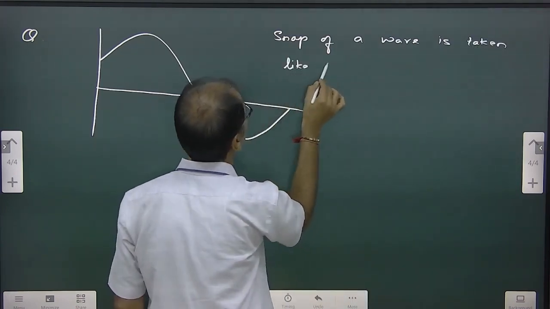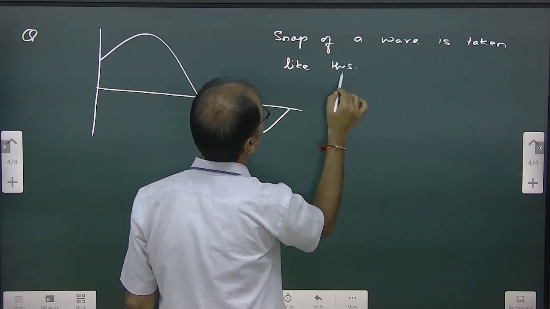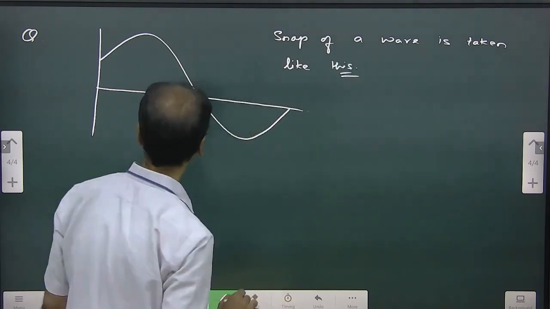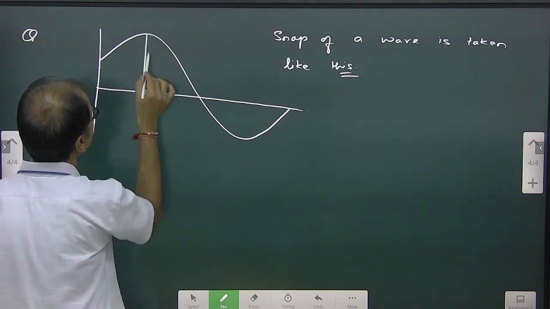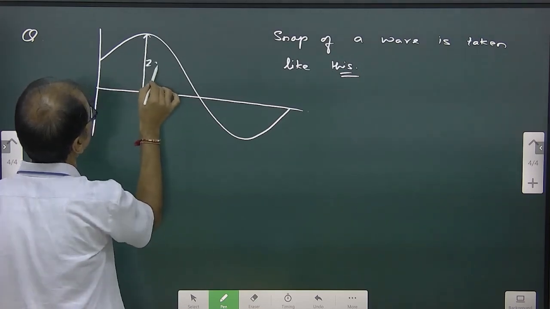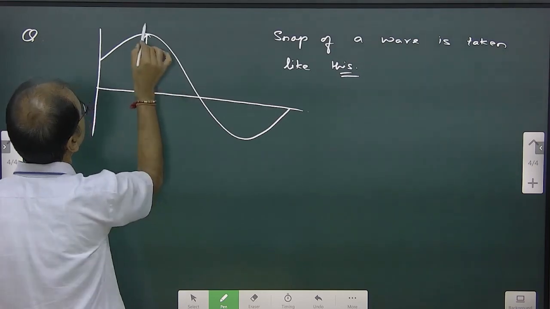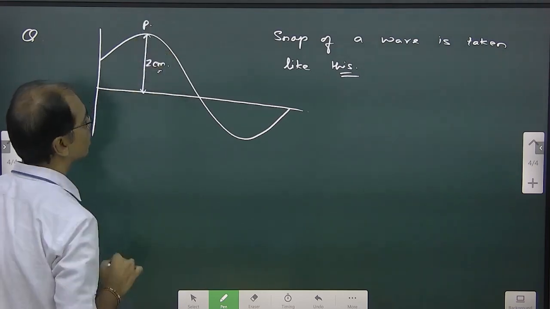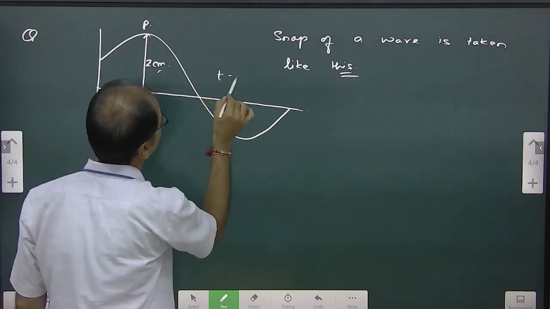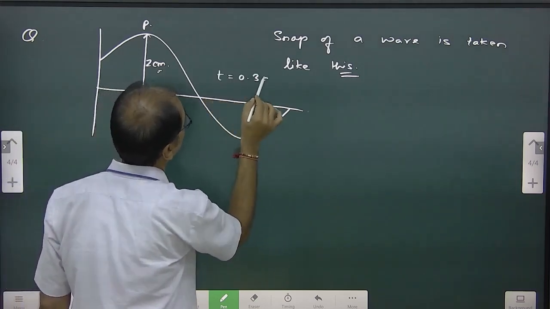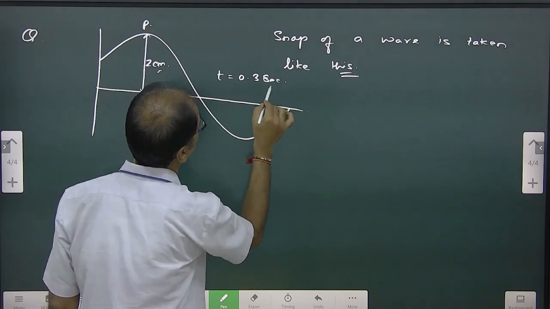Okay. What are the informations regarding this? It says that amplitude is 2 centimeters. And this snap is taken at 0.3 seconds.